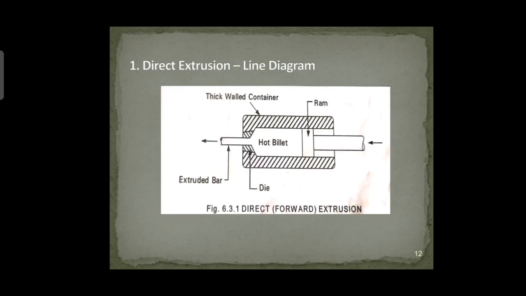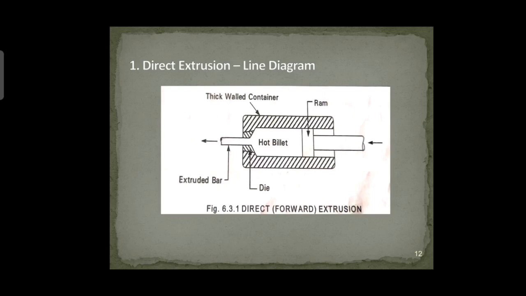The same similarity you can observe, where it contains the element, a hot billet, which you can consider as the metal billet, heated and brought into the plastic stage and placed in the container. You can see a thick walled container, which acts like an insulator, to avoid any heat exchange between the surroundings and the inner hot billet.